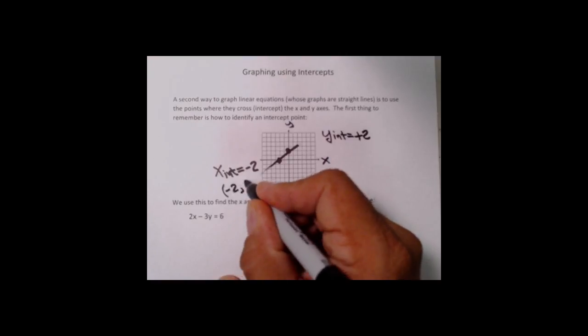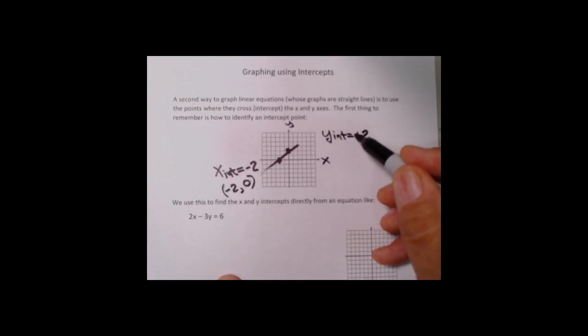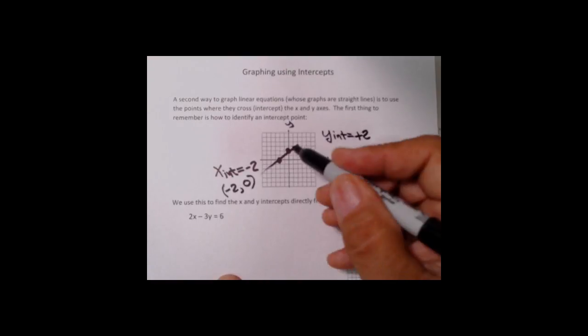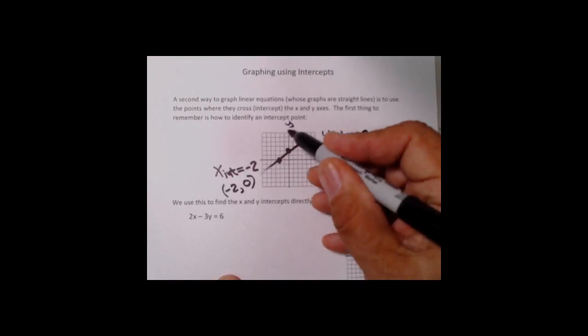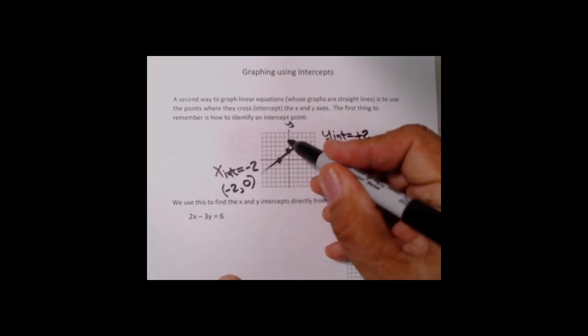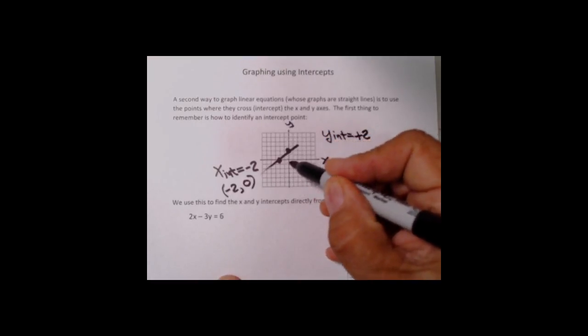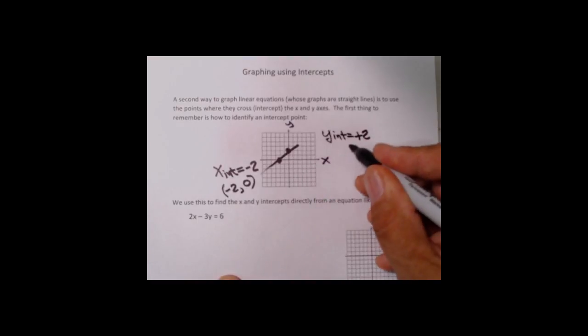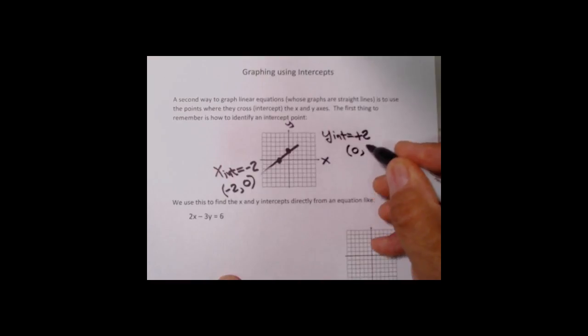So if we wrote this as a regular coordinate pair, I could say x equals -2 and y equals 0. Now, likewise for the y-intercept, which is up here at +2, any other y-intercept would be crossing the y-axis someplace, and all of those points have x equals 0 as a value. So I could write this as 0, 2, and that would be the coordinate pair.